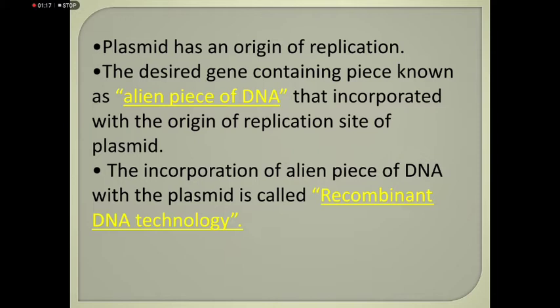The actual composition of the plasmid has been replaced with an alien piece of DNA. That is, the alien piece is the desirable piece, so that this plasmid acts as a new carrier, and this technology is known as recombinant DNA technology.